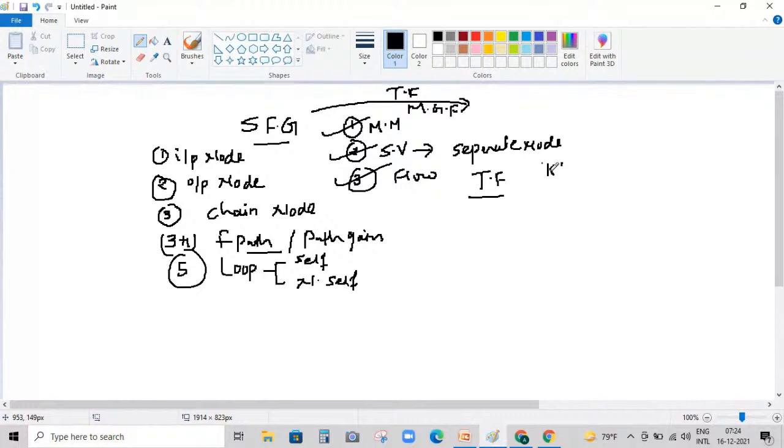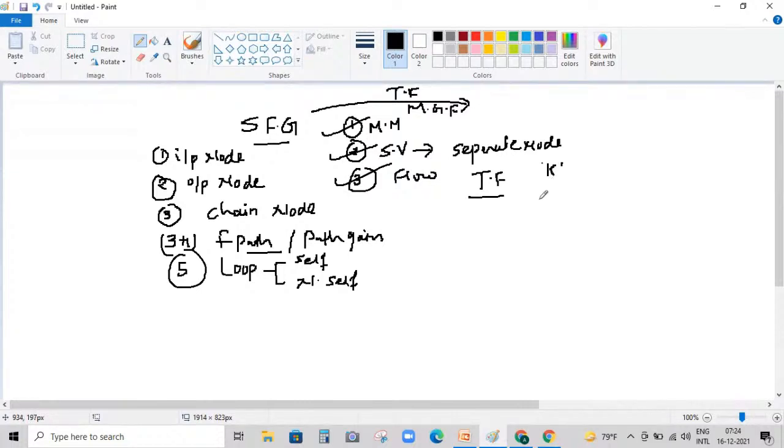So the first portion of this particular topic deals with how to obtain the signal flow graph of a given system, that we have done. The second part of this section deals with, if we know the signal flow graph of a system, how to convert that signal flow graph into its corresponding transfer function. That is very important.